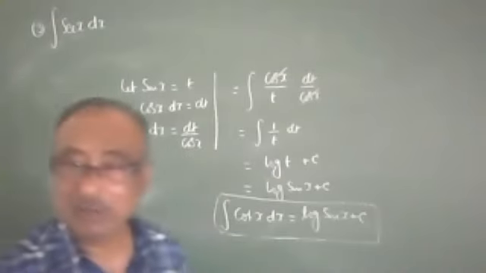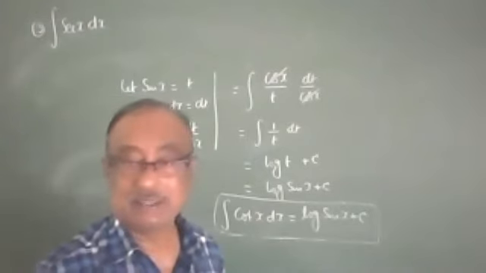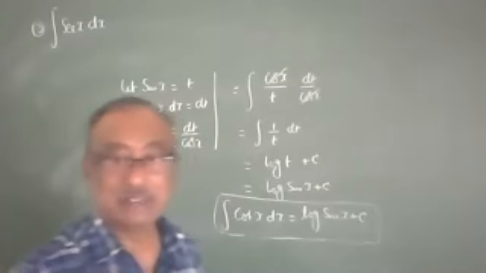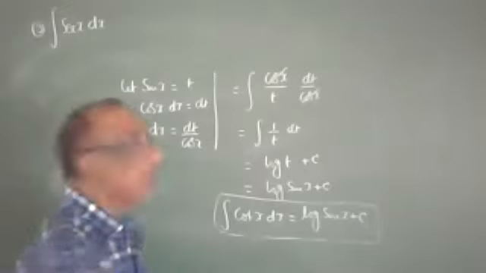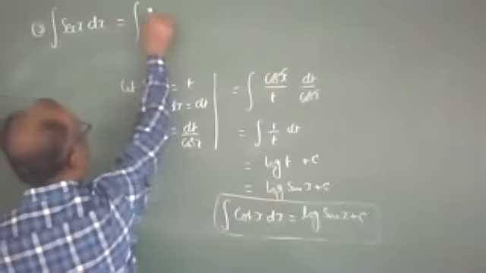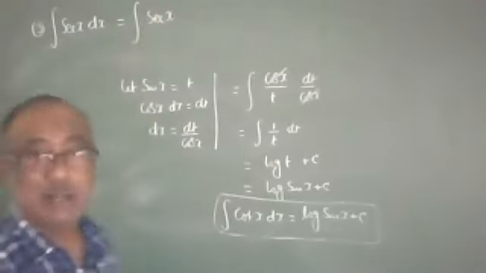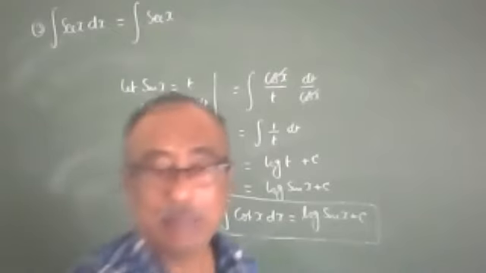Secant x derivative is secant x into tan x. For secant x, the problem is that this is the only separate method you should remember.